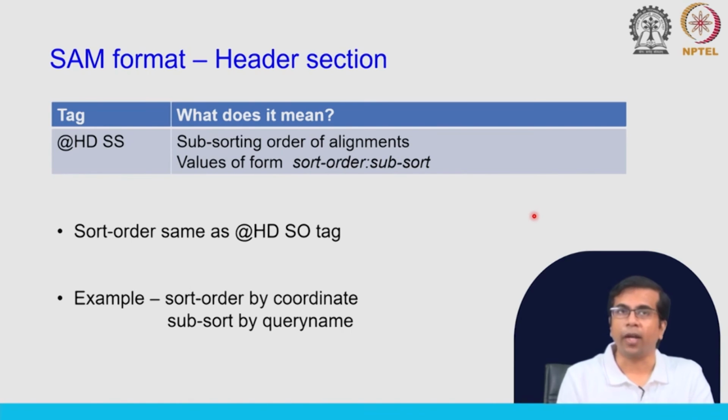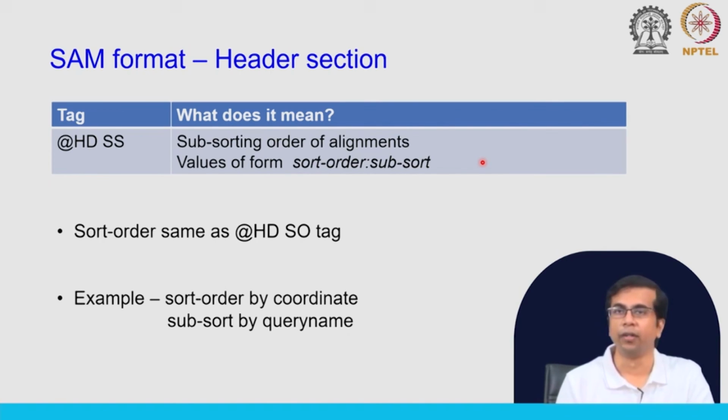So, beyond the SO tag, which is the sorting order, you can also have something called sub sorting order. This is how it will be given: sort order colon sub sort. Now what is this sub sorting? So if you have sorted these alignments based on something, for example, based on reference position, or the coordinate system where they actually map, you can do a sub sorting after the first sorting using the query name, for example.